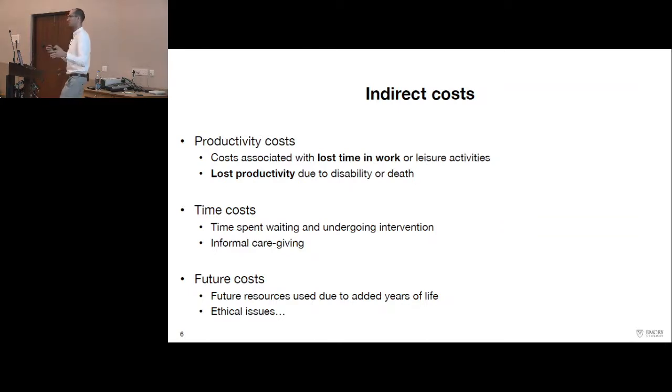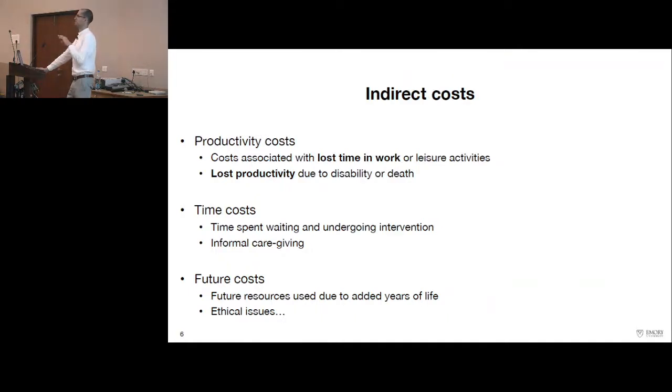So the alternative to this intervention would be not offering the intervention, which would then lead to disability. So we should consider that as well. Time costs spent by just undergoing the procedure and recovering.